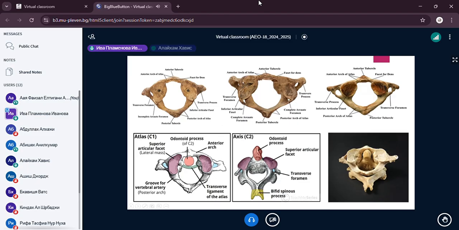So that's the same inferior articular facet for C2 again. What is this? That's for the C2, the spinous process. Yeah, spinous process. Perfect.